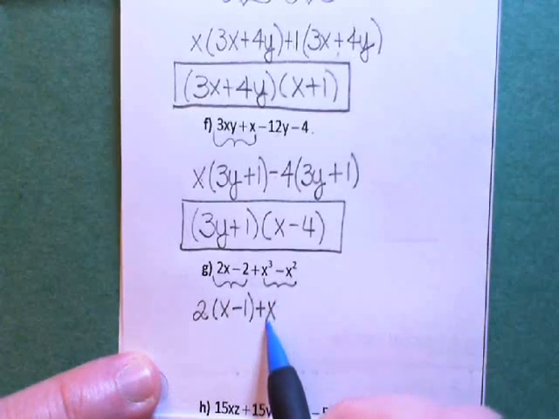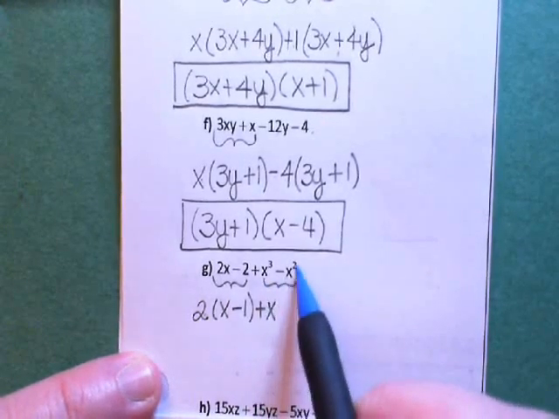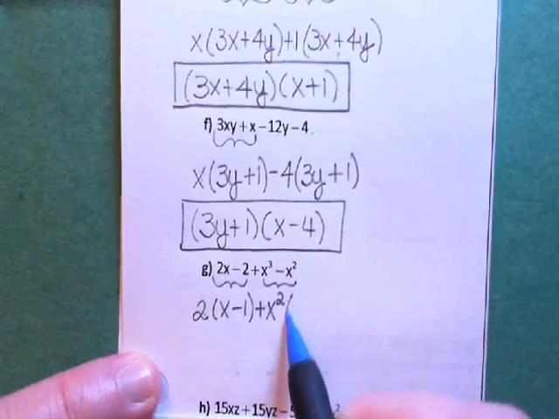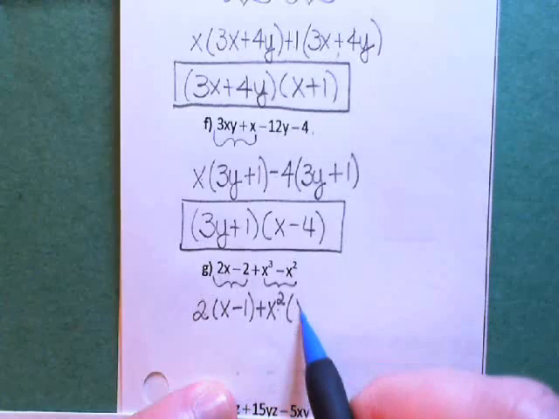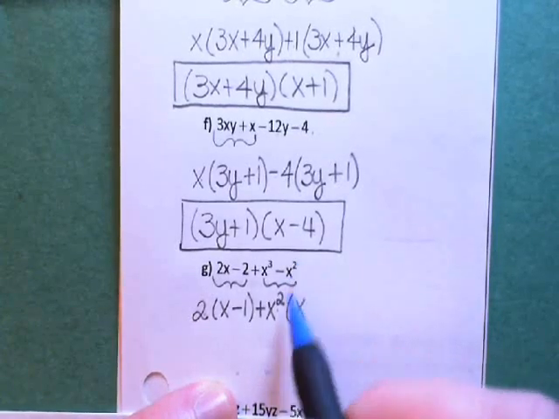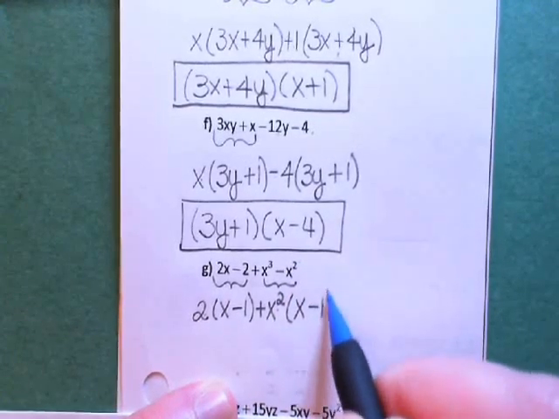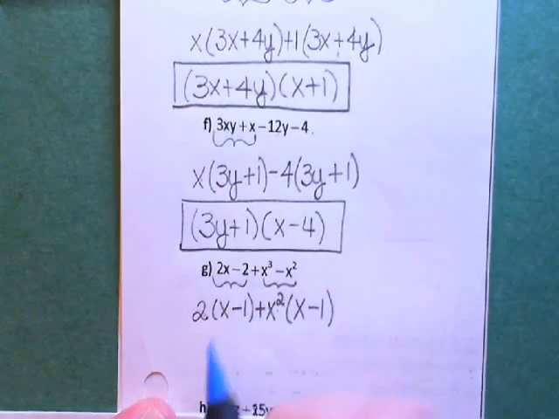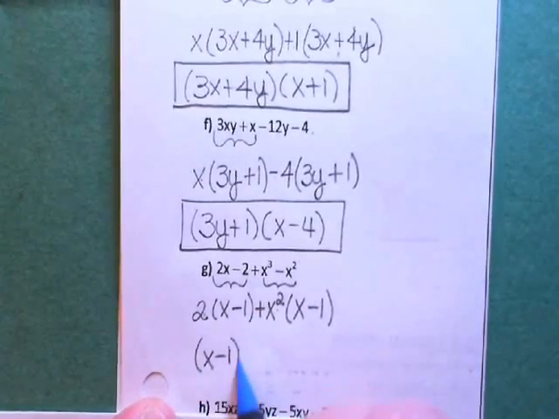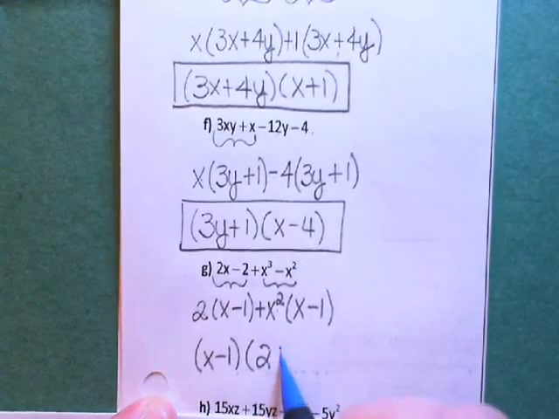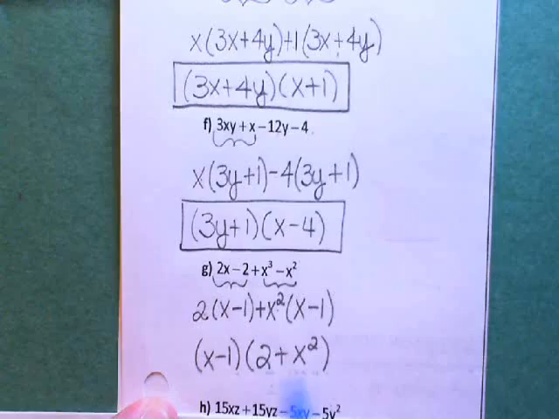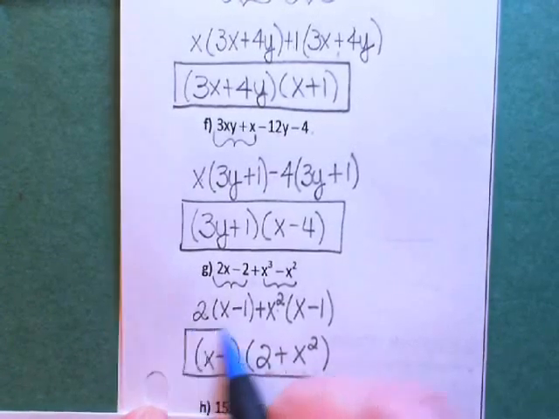I can factor out x. Well, how many x's? The smallest exponent is 2, so I can factor out x squared. x cubed divided by x squared is x. Negative x squared divided by x squared is negative 1. What do they have in common? x minus 1. And if I remove the x minus 1, what do I have left? I have 2 plus x squared. And that's our answer.